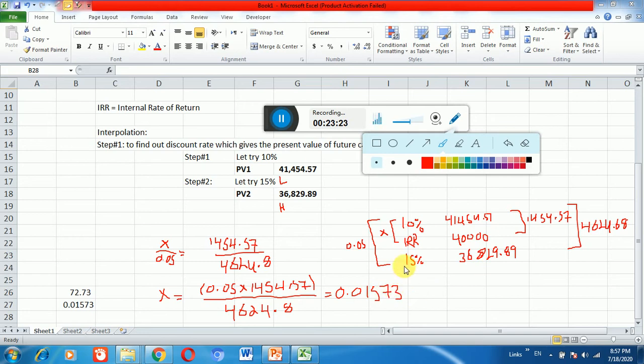Now when we find this value of x, it means the difference between IRR and 10% is x.